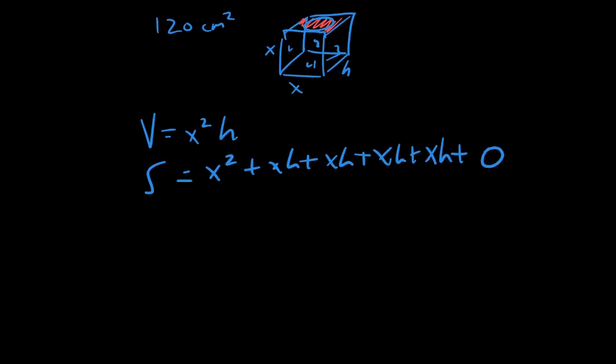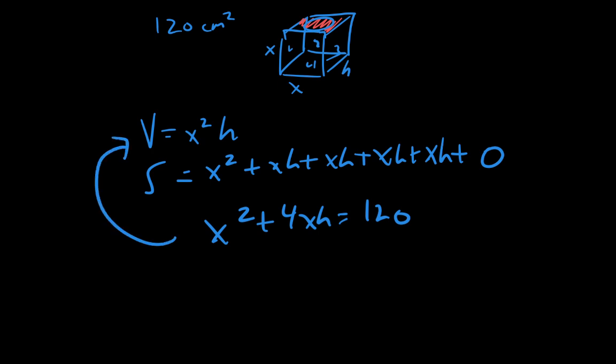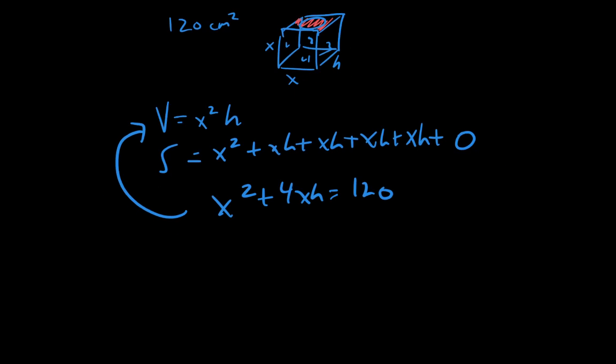So our constraint is going to be X squared plus 4XH is equal to 120. And we want to maximize our volume. Now we plug our constraint into our volume.